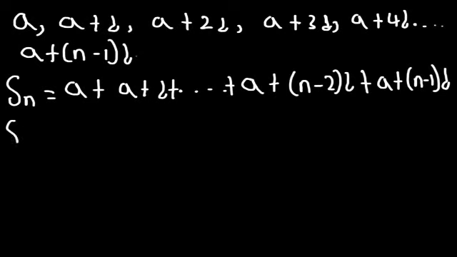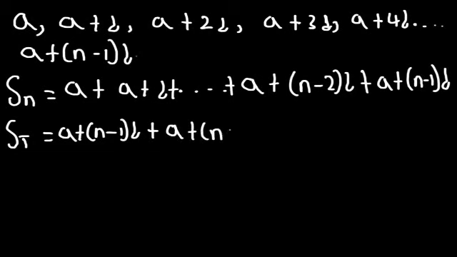So I would like to have another sum, S sub T, equal to A plus (n minus 1)D, then plus A plus (n minus 2)D, and this will keep on decreasing, because this is in descending order. So this will descend all the way to A plus D. Then lastly, it will end with the first term, which is A.